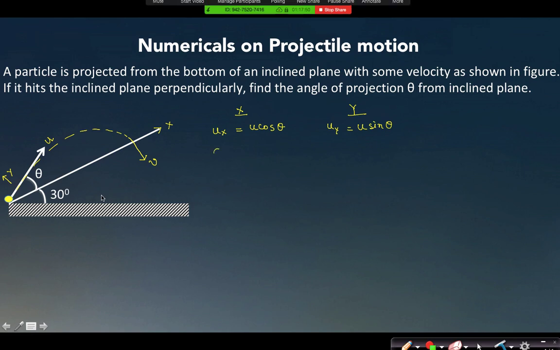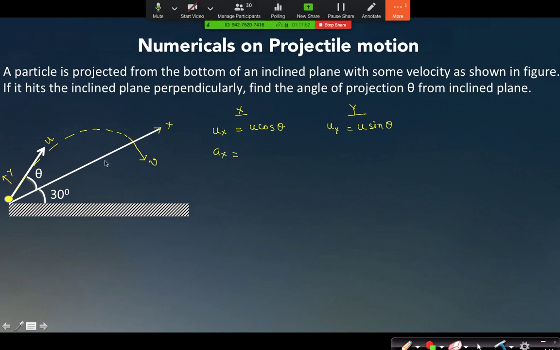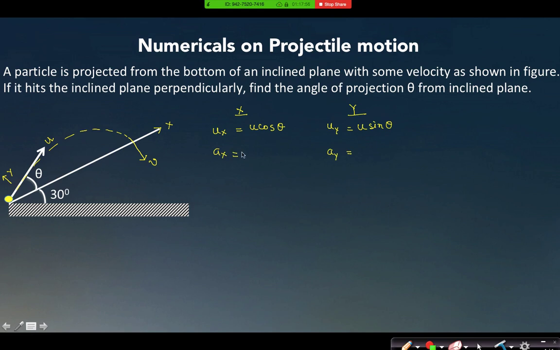Can you tell me what is ax and ay in this case? What is ax? If I take this is g vector, minus g cos 60, minus g by 2 along x-axis, and minus g cos 30, minus g root 3 by 2 along y-axis.